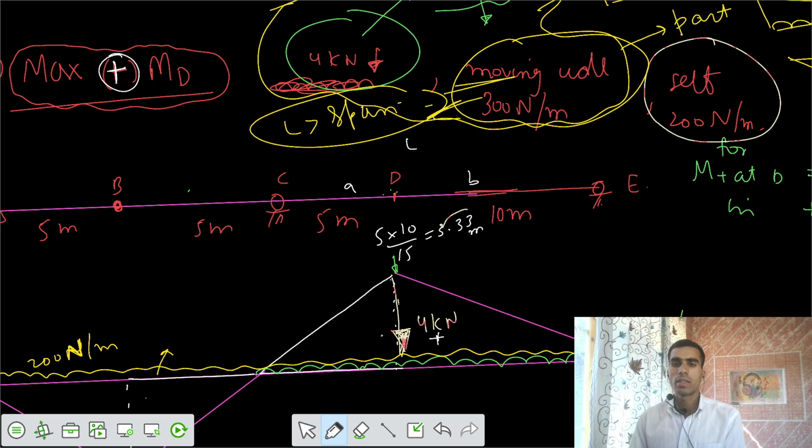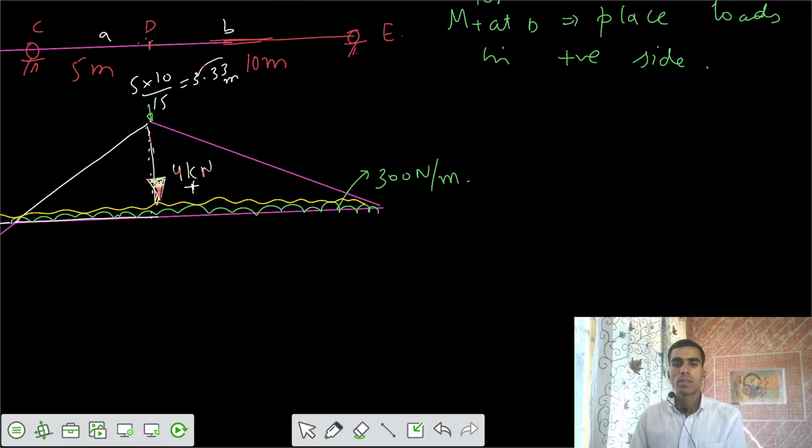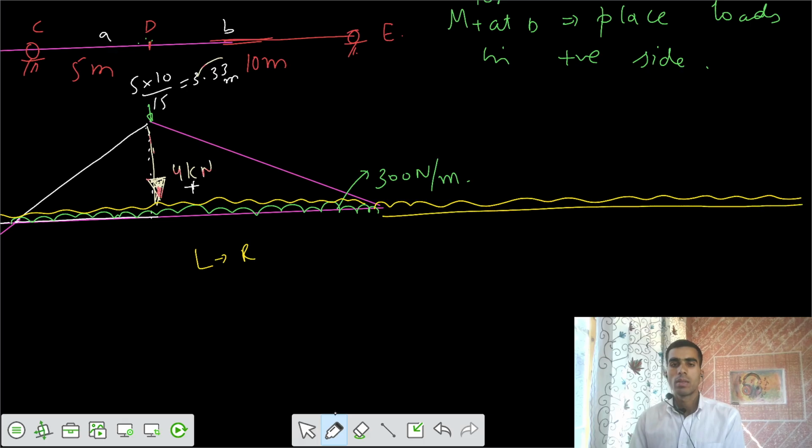Let's assume that the moving load is moving from left to right in such a way that the rest of that UDL is somewhere outside the beam, and we only keep this part as live load. Do you got it?